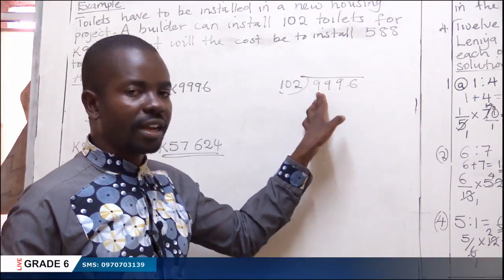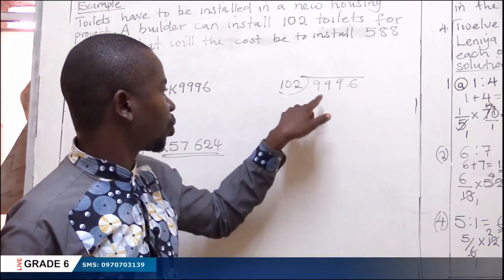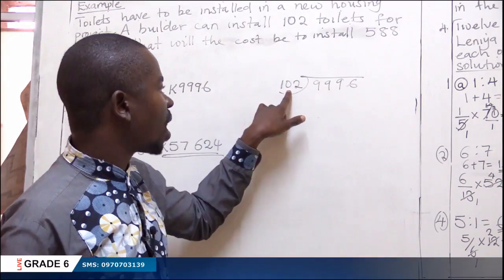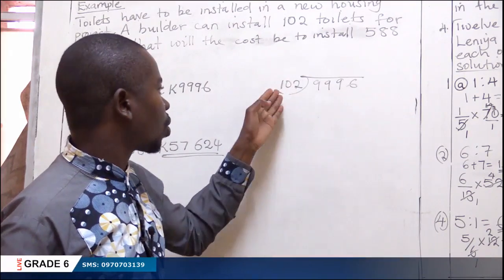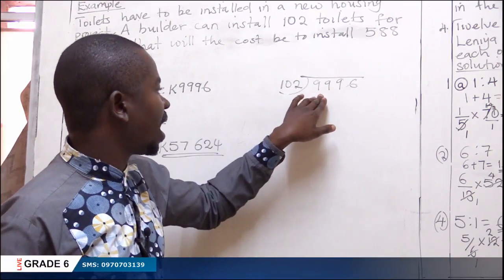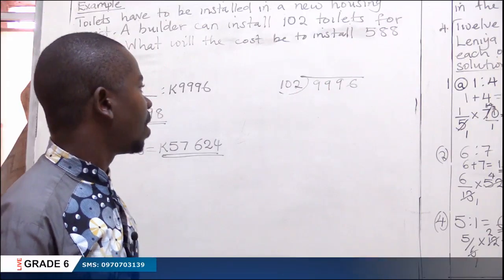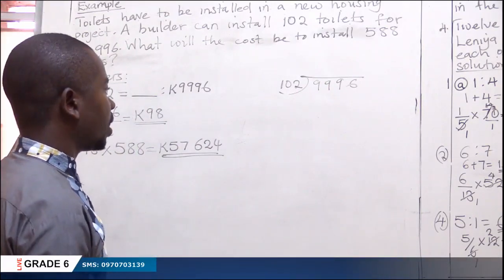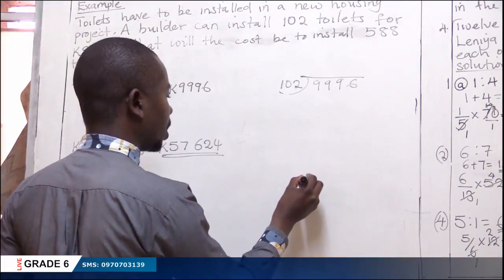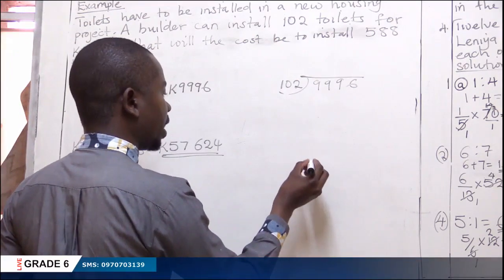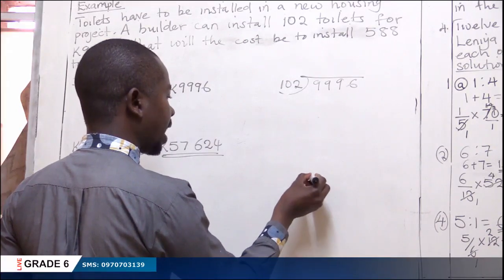102 into 9, it can't. 102 into 99, it can't as well. So 102 into 999, what are we going to do? We can try. In this case, let's use 9 itself.